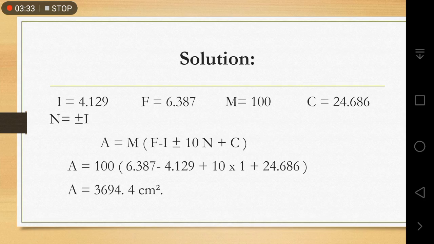So the area equals 100 times (6.387 minus 4.129 plus 10 times 1) plus 24.686. So A equals, ato sang i-add tanan para makuha ang iyahang area, times 100.